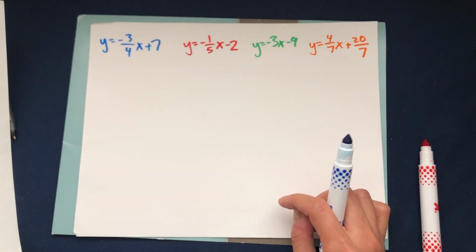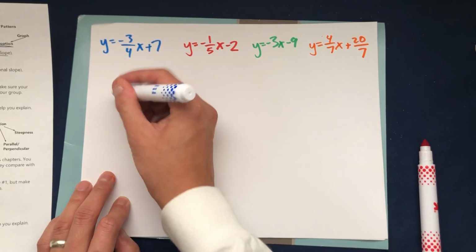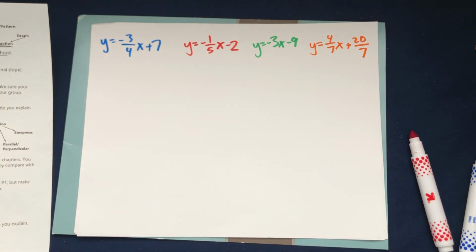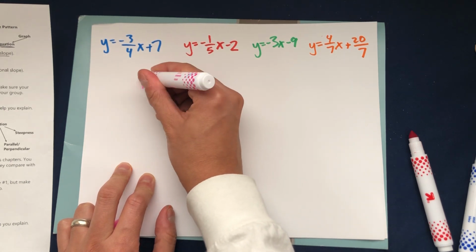So when we look at these equations, let's start with proportionality first. When we're looking at equations that are proportional or not proportional, we need to look specifically at the y-intercept to determine that.